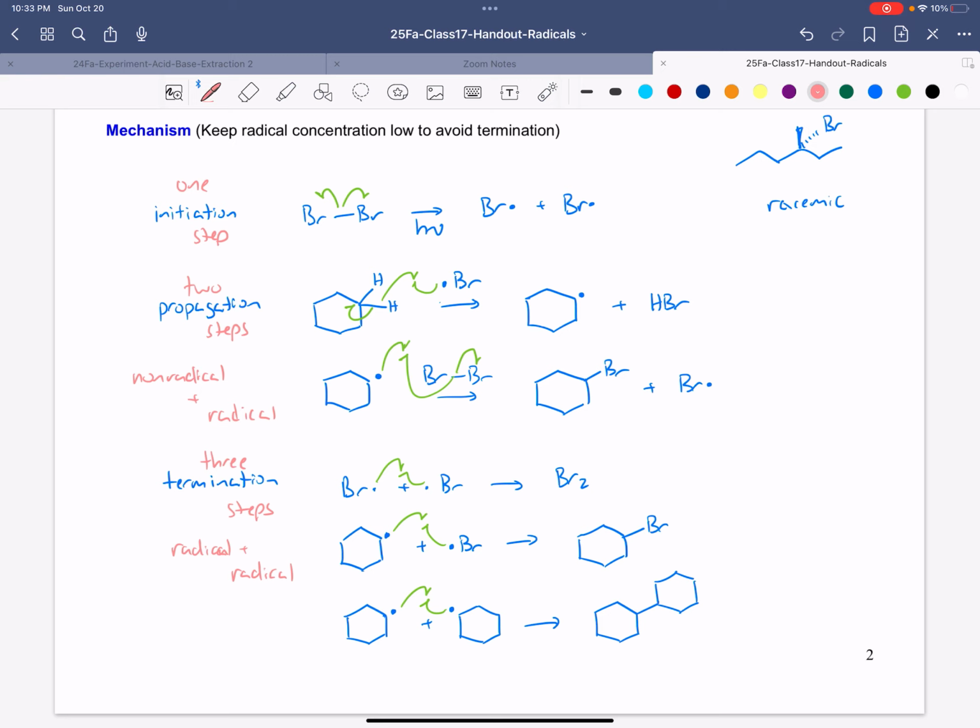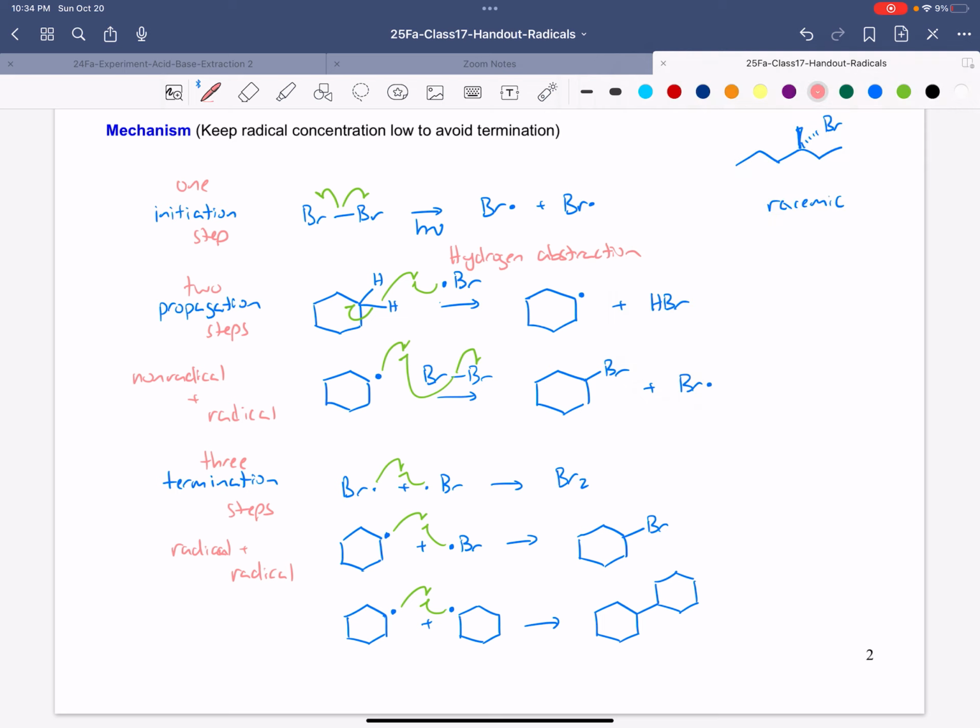This second step, the first propagation step, is called hydrogen abstraction. Not proton. It's literally the hydrogen because we take one of these electrons with us. We leave one behind. So it's not a proton, it's literally the hydrogen atom with its electron.